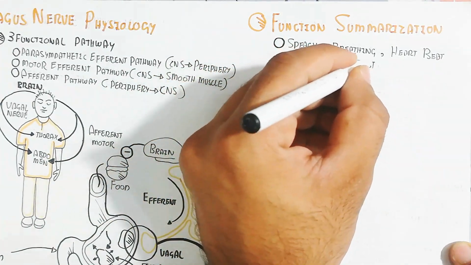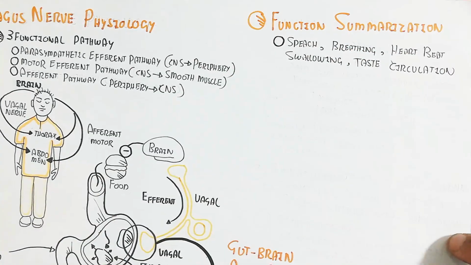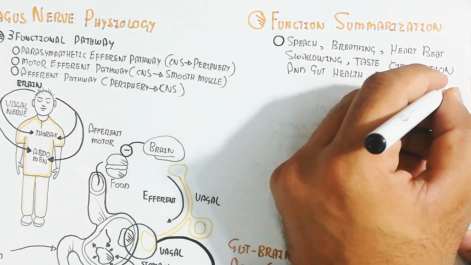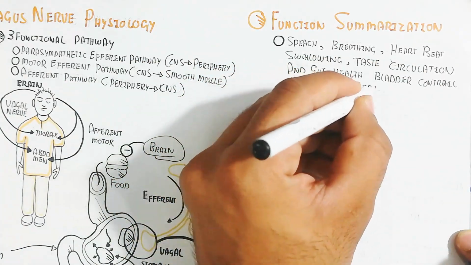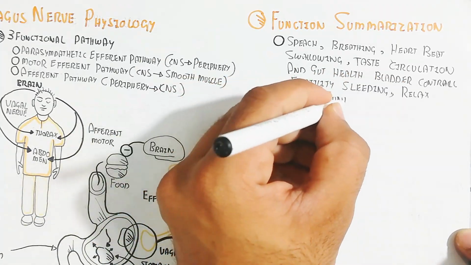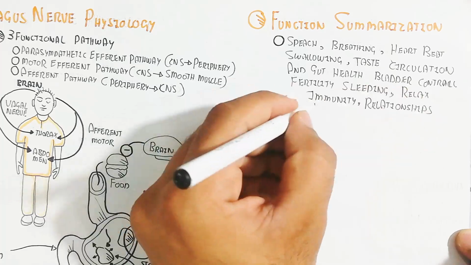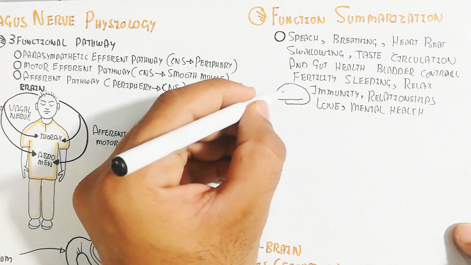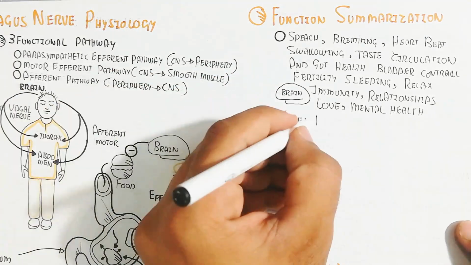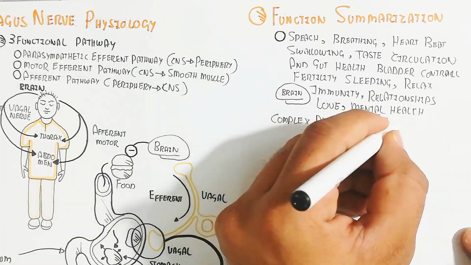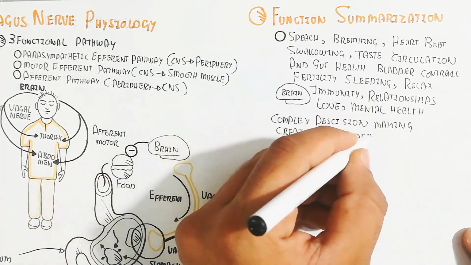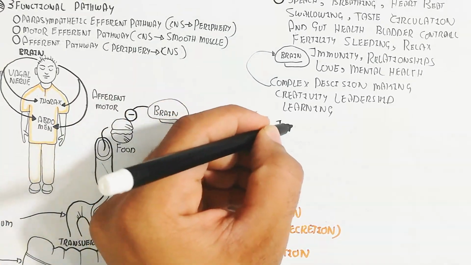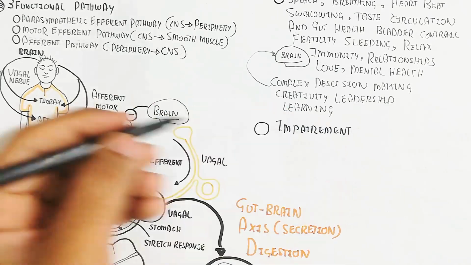The parasympathetic and sympathetic nervous systems are involved in gut health and mobility, bladder control, fertility, sleeping, relaxation, immunity, relationships and love, and mental health. It is all due to afferent and efferent parasympathetic and sympathetic innervation, giving relaxation and the fight and flight response on the basis of requirement, like the circadian rhythm, complex decision making, creativity, leadership, and learning.